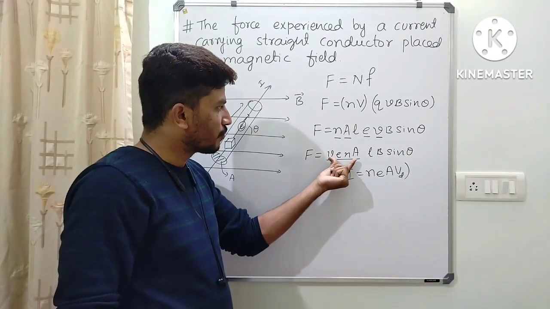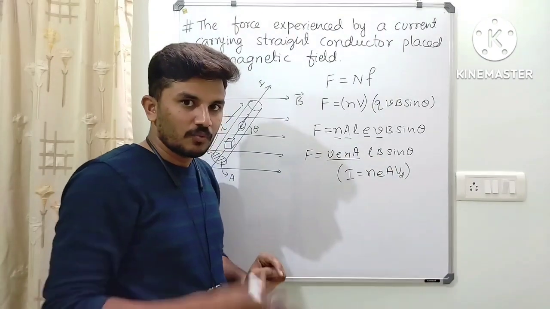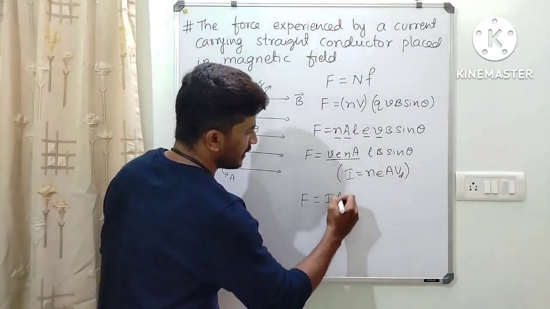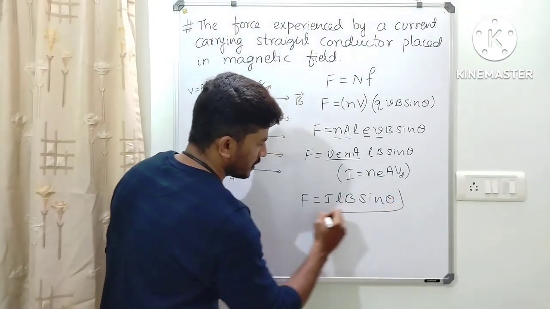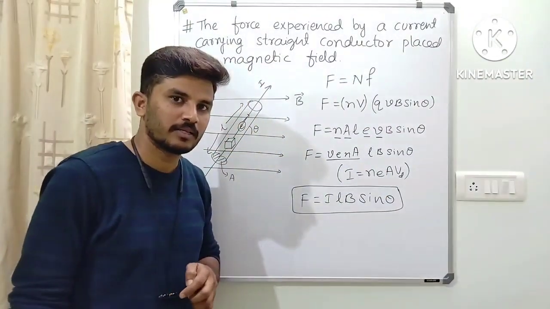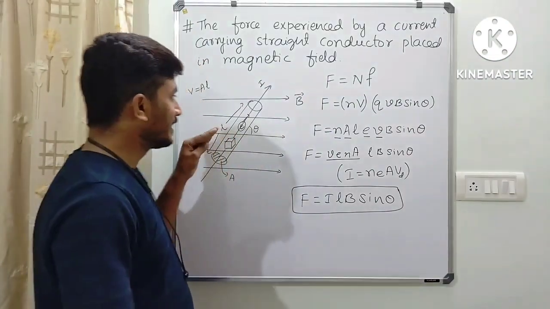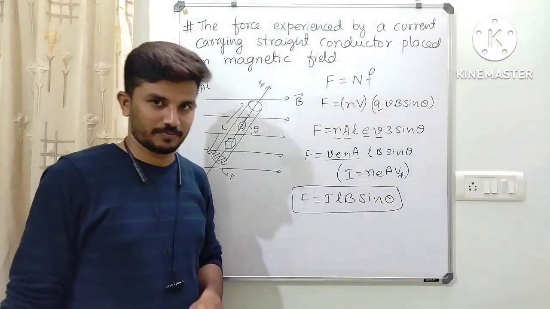So in place of N E A V D, we can write I. So F is equal to I L B sin theta. This is the total force acting on the conductor placed in a magnetic field, carrying current and making an angle theta with the magnetic field.